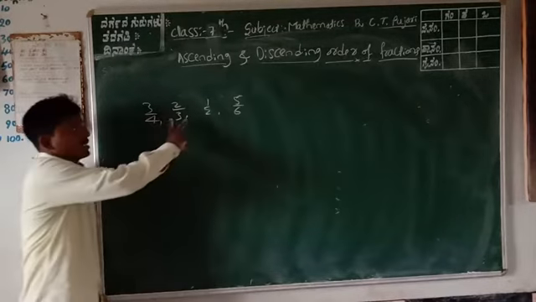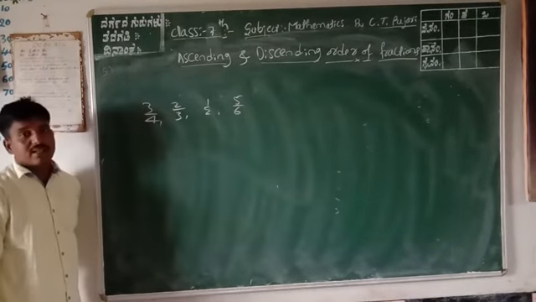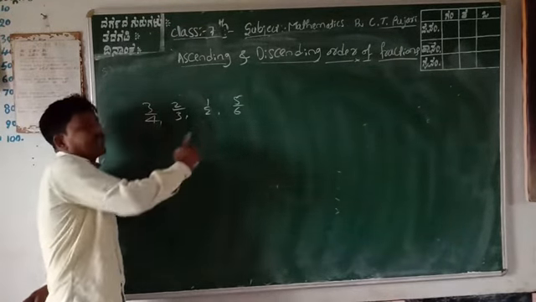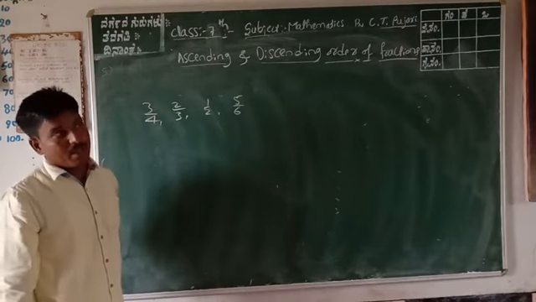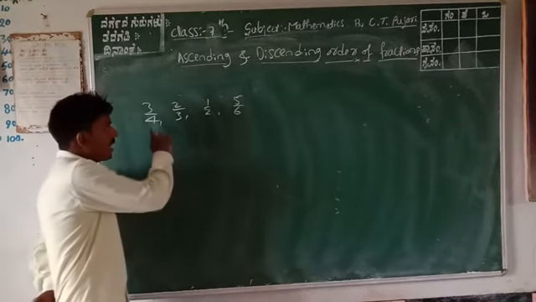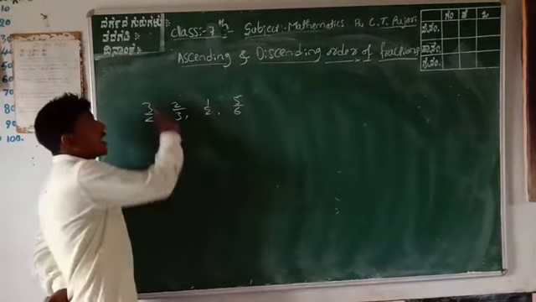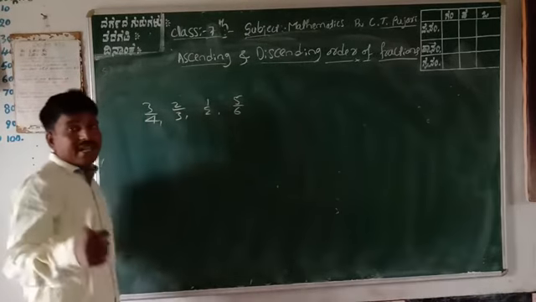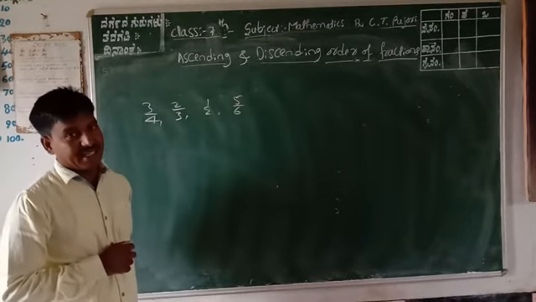These fractions are here. We can write in ascending order and descending order. But all denominators are different, all numerators are different. How can you write the ascending order?